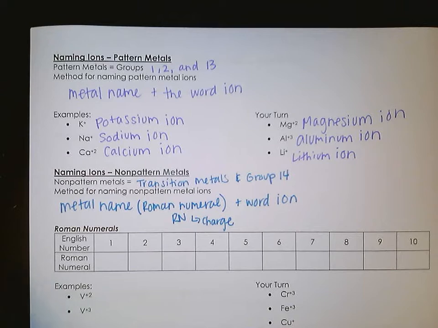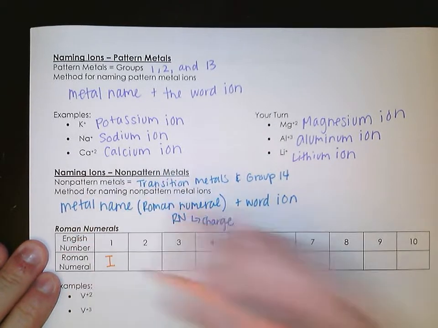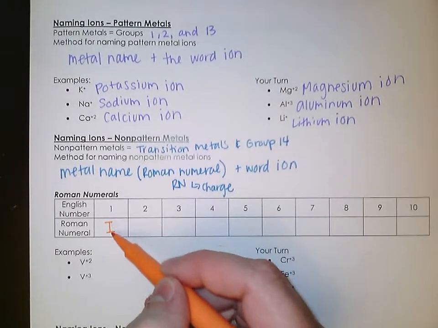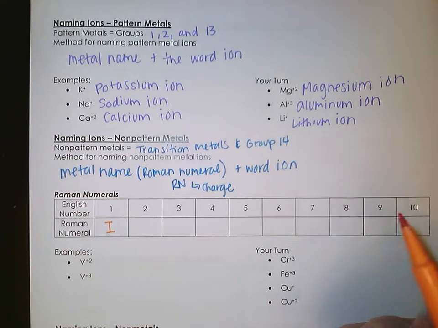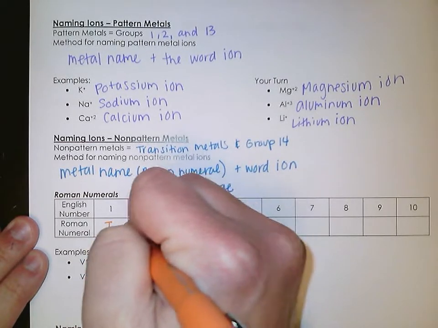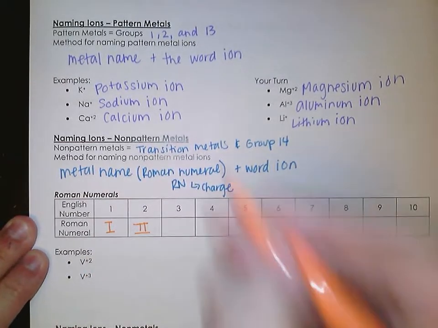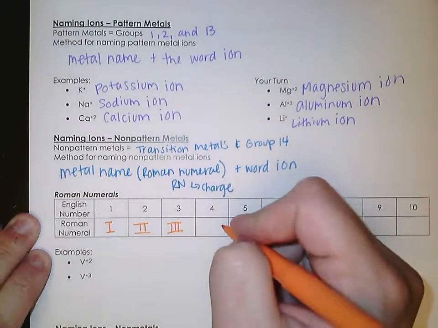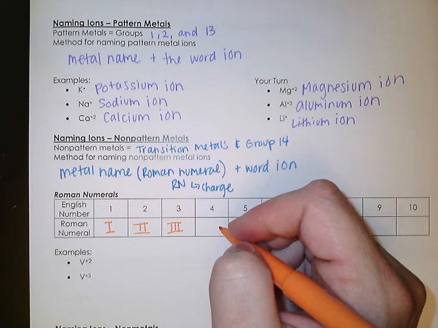So my Roman numeral for 1, this looks like an I. Sometimes I will not write them with the little tops and bottoms on them, and that's totally fine too. If they're in parentheses, I will know what those are. Okay, so either way is fine with me. Roman numeral 2, got 2 lines. Roman numeral 3. Now Roman numeral 4 means 1 before 5.